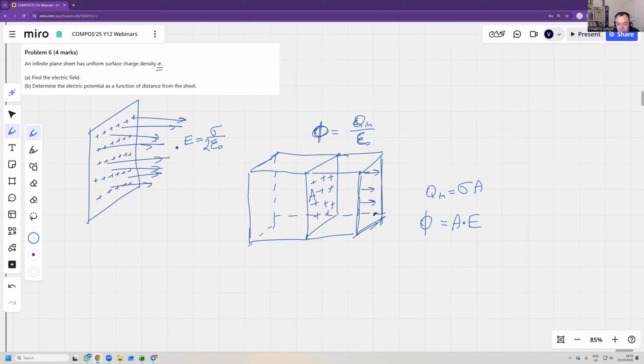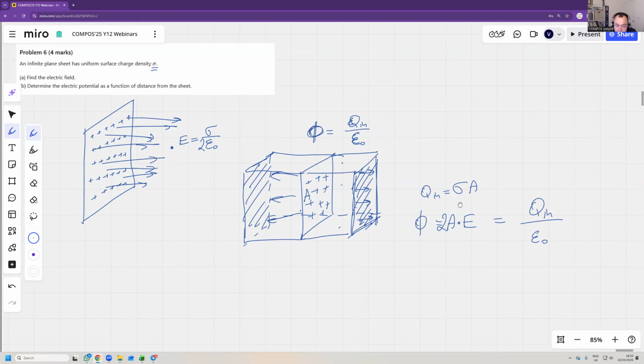Now the field would be parallel to this side, so the flux through the top faces would be 0. The flux through the front and back faces would also be 0. So we're only interested in the flux going through the left side, through this frame and through this frame. And therefore, that total flux is actually 2A times E. And that's going to be equal to Q in divided by epsilon naught.